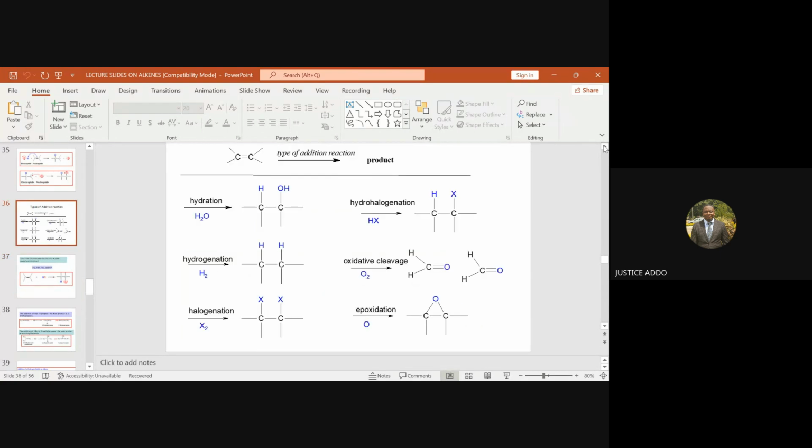So these ones are the common ones. We need to look at them briefly, maybe in the next 1 hour, and then we can move to the alkynes.